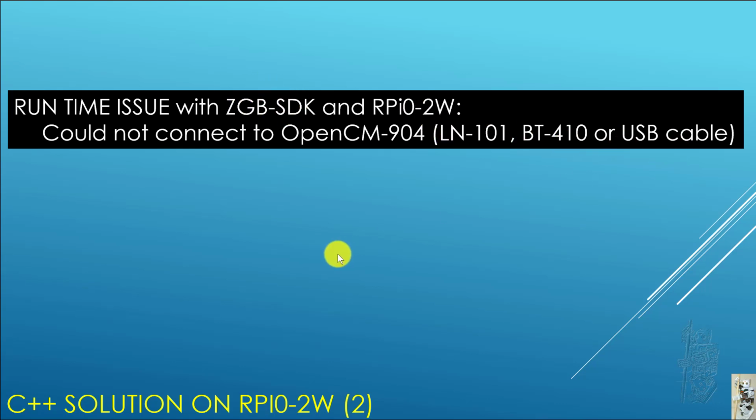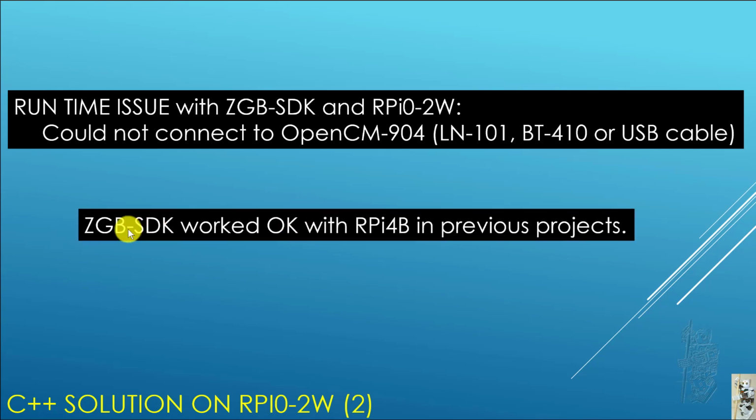The weird thing is, the ZGB-SDK worked fine with the RPi4B in all my previous projects. You've probably seen all the other videos I made, or if you happen to have my book, you read it, it's working okay. So I'm not sure if it happened with the most recent Buster update. I need to go back and check my previous code with the RPi4B in the previous project.